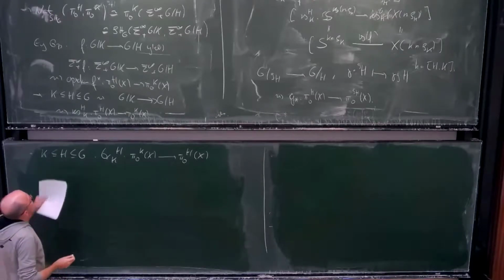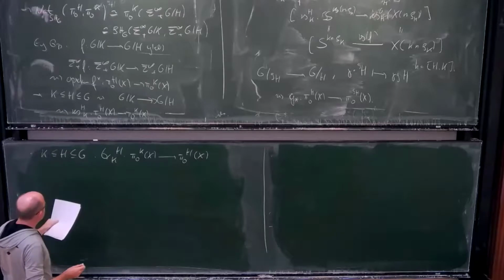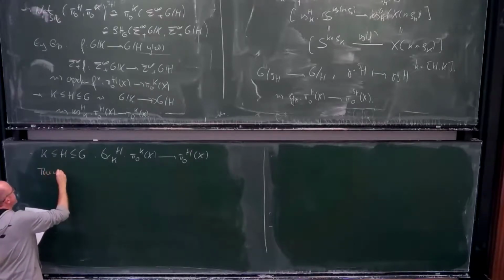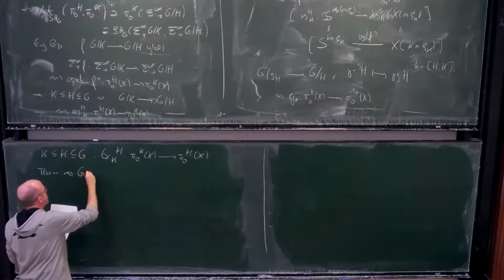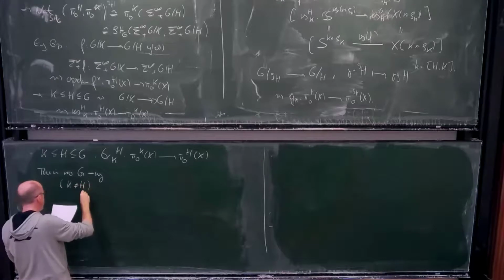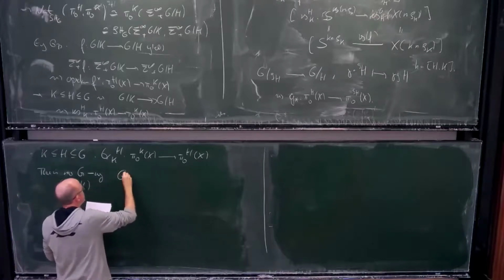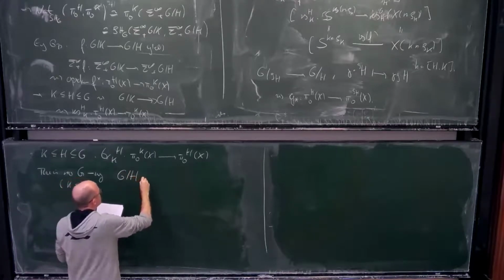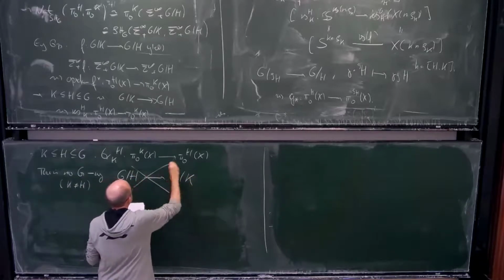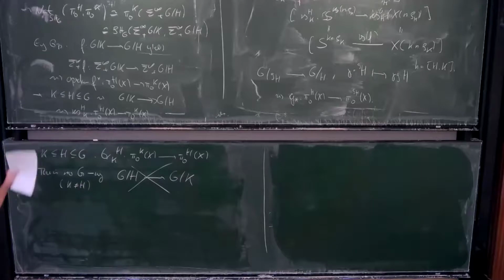But the first observation is if you wanted to apply that strategy, it wouldn't work. It's a little bit different because there is no G map, at least if K is different from H; if they happen to be the same, there is, from G modulo the larger group to G modulo the smaller group. So this doesn't exist, and so you cannot use this construction up there, so you have to do something different.